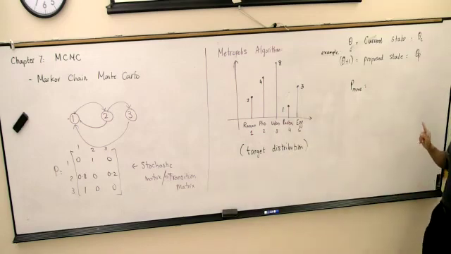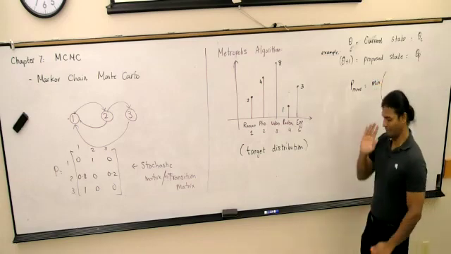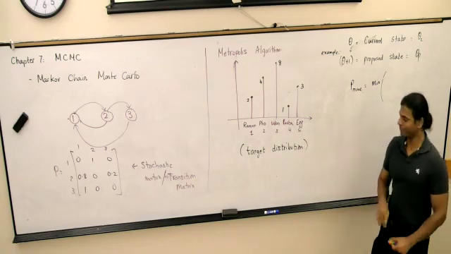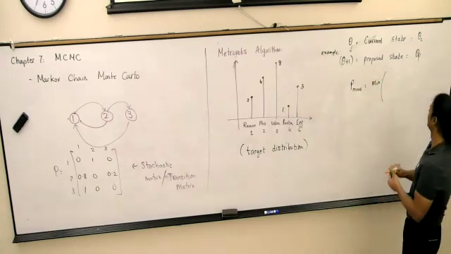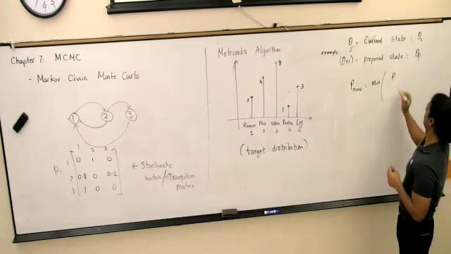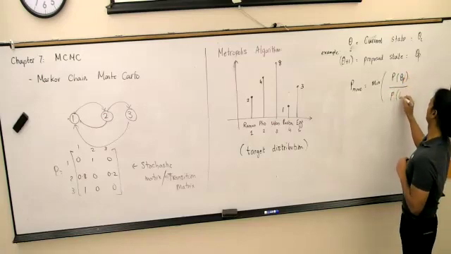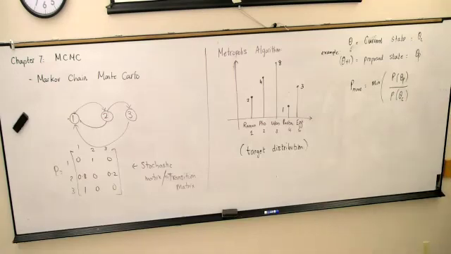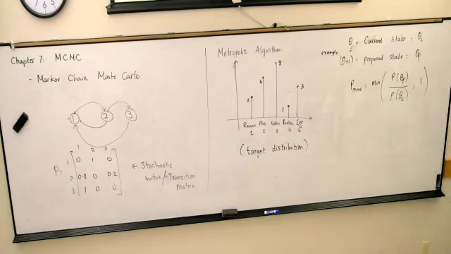The probability that you move would be equal to the minimum of, not the probability. We're not talking about the probability, but we're simply talking about the density or the value over there. So P of proposed divided by P of the current state, comma 1. Minimum of those two.